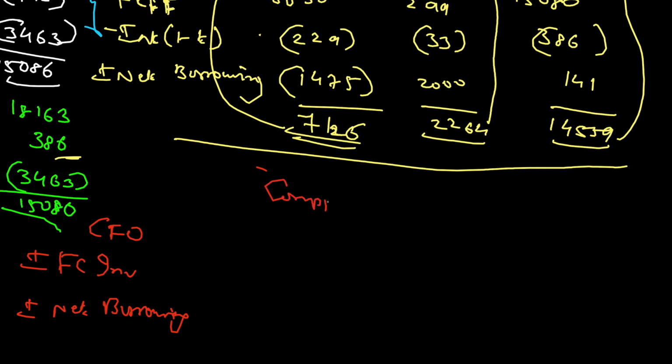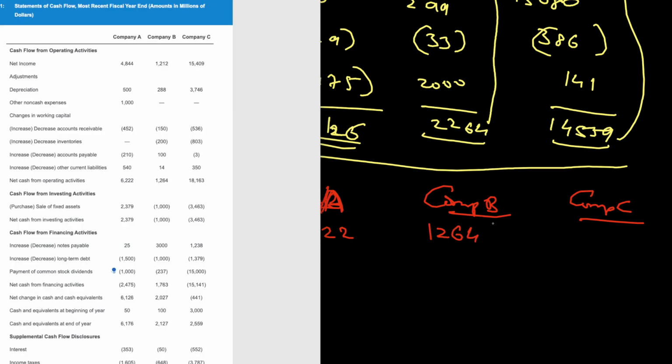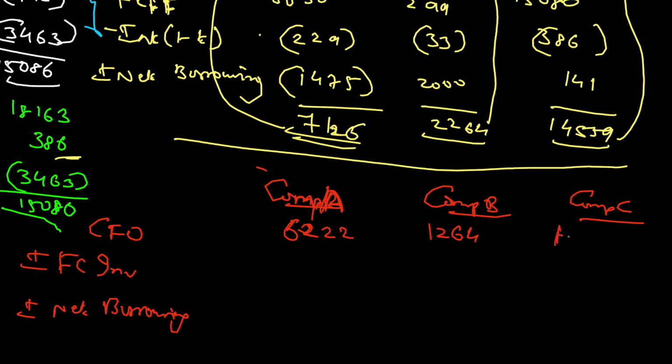So for company A, company B and company C, cash flow from operations I can get from here as well: 6222, then 1264, then the third one 18163.